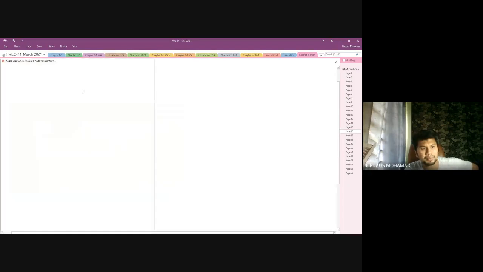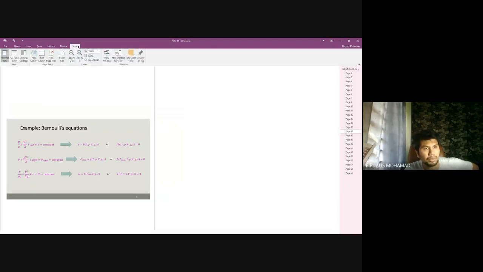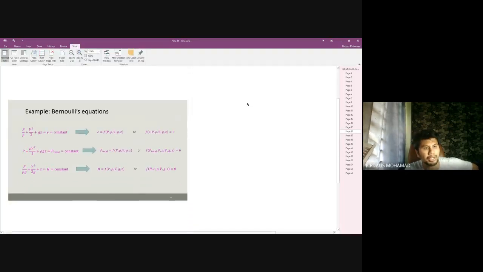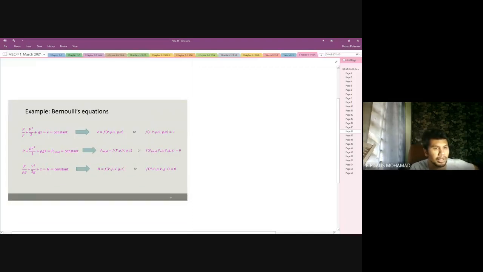Okay, so untuk contoh ni Bernoulli equation kita define in terms of E, which is energy, untuk pressure dengan head in terms of length ataupun meter, P over rho, V square over 2 plus GZ. So kita boleh, E adalah dependent ke independent variable? E dependent. So independent ni apa?